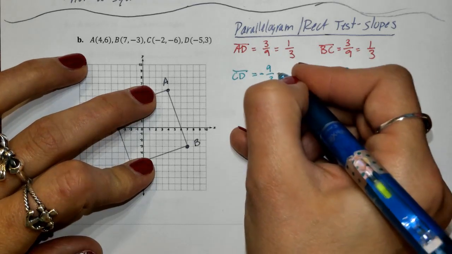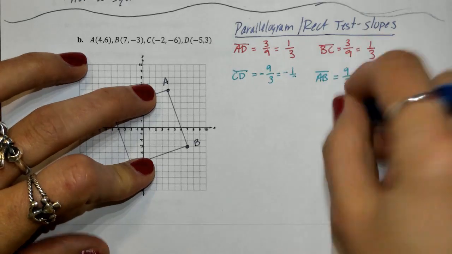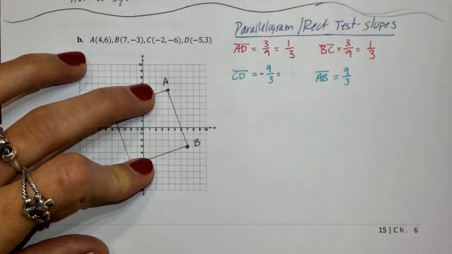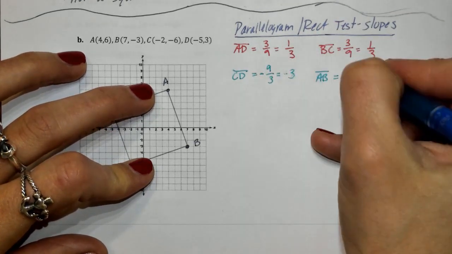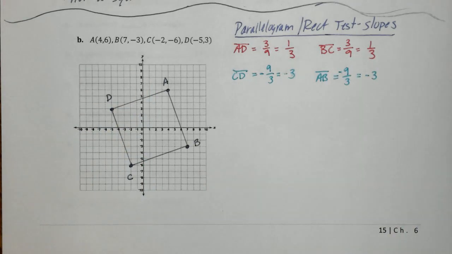And I did exactly what I told you not to forget to do. I forgot to simplify it. -3. So both pairs of opposite sides are going to be parallel. So here, go ahead and write that in, what we did earlier.